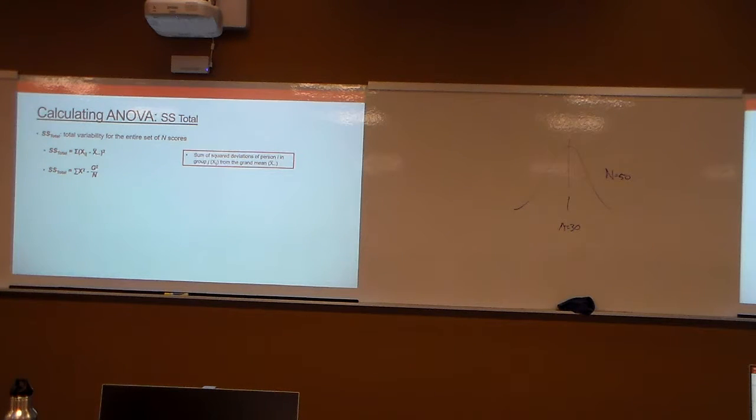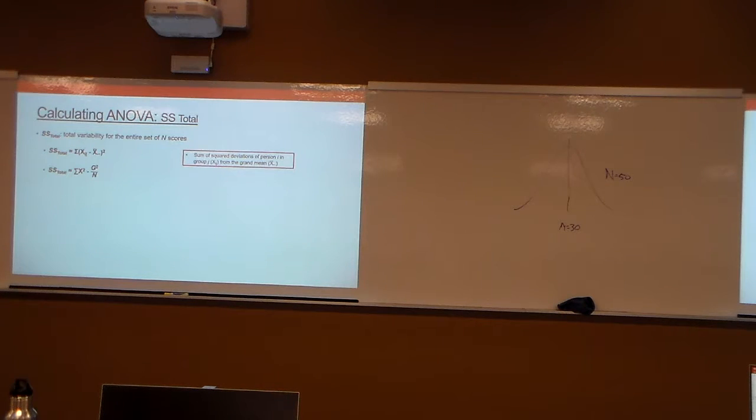So this is how far everybody is from the mean score of the whole entire sample. If we think about it as a distribution, you've got the distribution of all scores across all groups, across everybody. You've got the grand mean. Your sum of squares total is the total variability in all the scores.